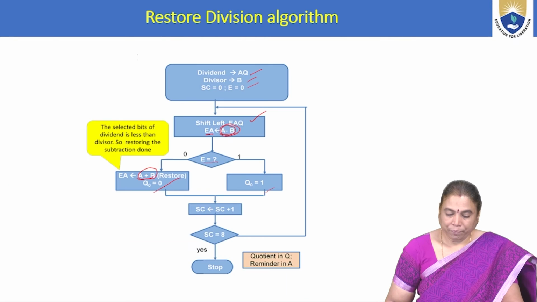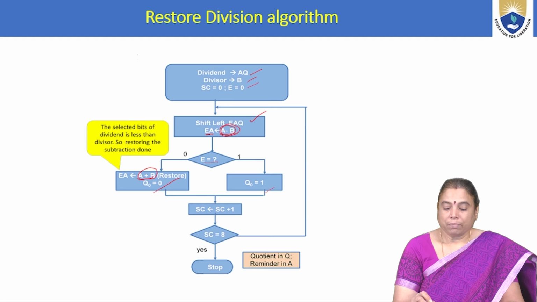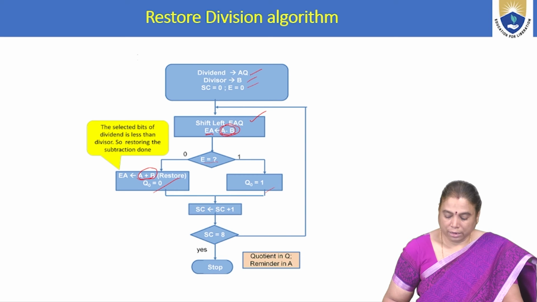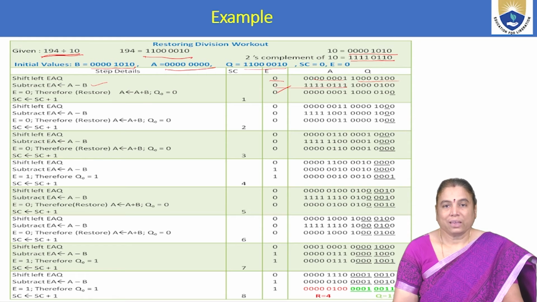So in this way, successive shifting, subtraction and comparisons can be made, and depending upon whether the trial subtraction value is positive or negative, the restore operation is performed when the trial subtraction value is negative. In this way, the restoring division algorithm works. This process is continued until no other bits can be evaluated in the dividend.